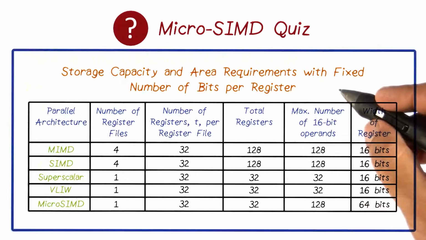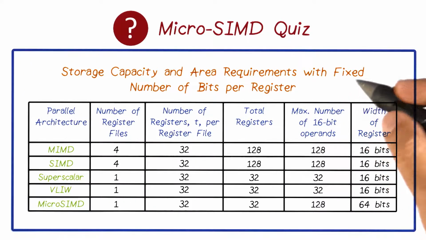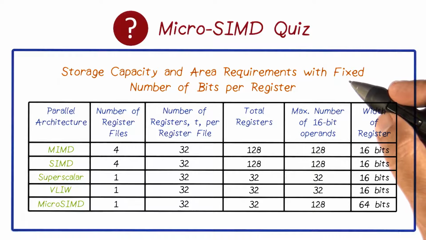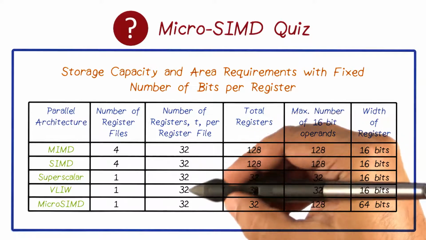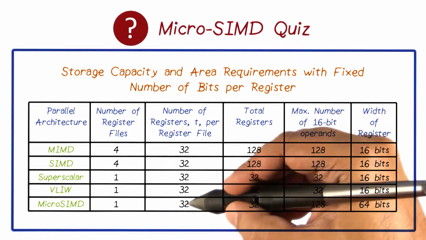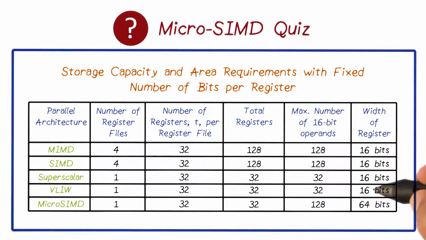Now here is a quick comparison in terms of storage capacity and area requirements for a fixed number of bits per register across different kinds of architectures: MIMD, SIMD, superscalar, VLIW, and micro-SIMD. What we have here is a fixed number of registers, which is 32 per register file for all of them for a fair comparison. We also have the width of the register as 16-bit, again for a fair comparison.